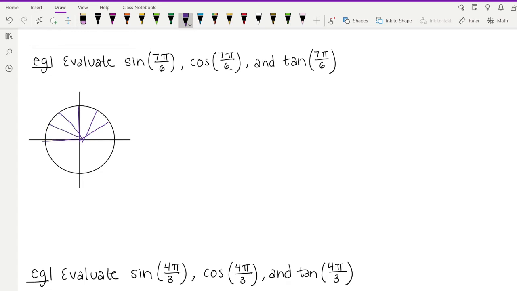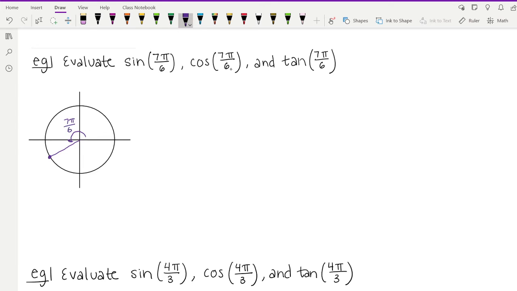That makes sense, because 6 pi over 6 is pi. So 7 pi over 6 would be 30 degrees past 180. So 1, 2, 3, 4, 5, 6, 7. Sorry, it's hard to erase these without erasing the underlying picture. So 7 pi over 6 is going to look like this. Here's our angle of 7 pi over 6.